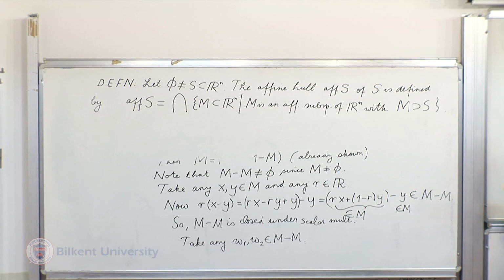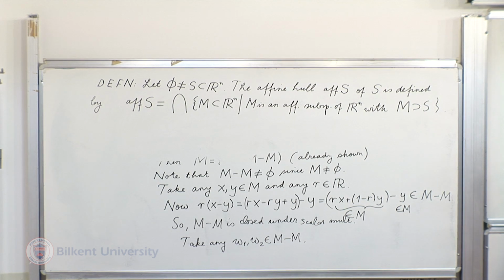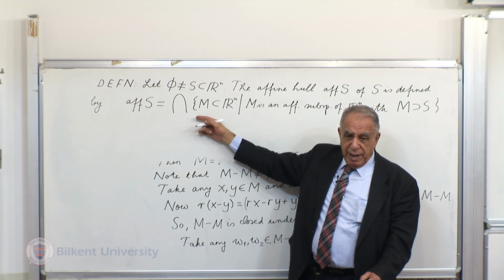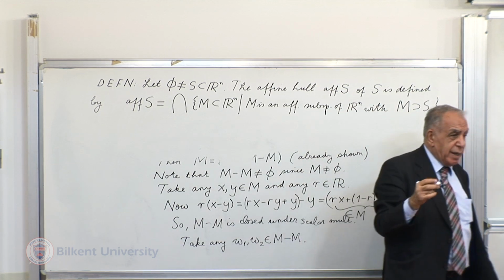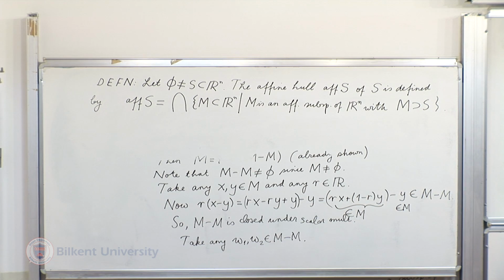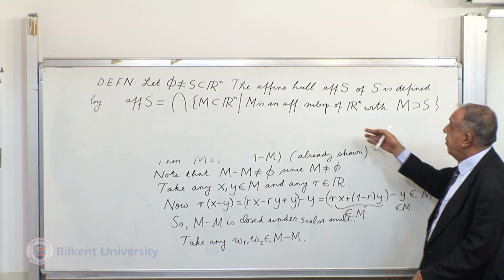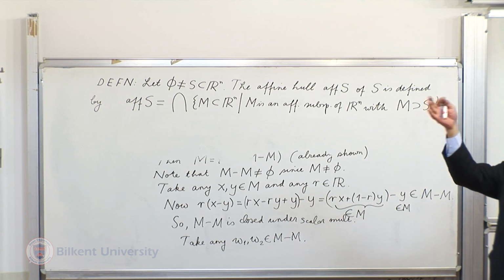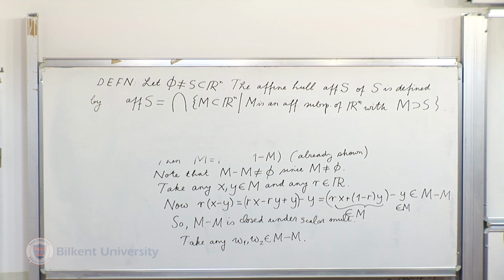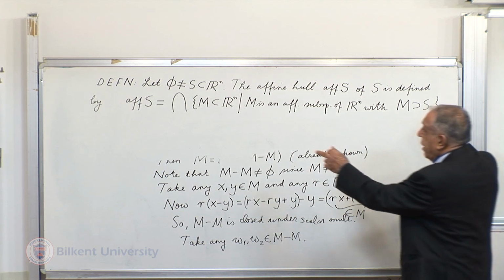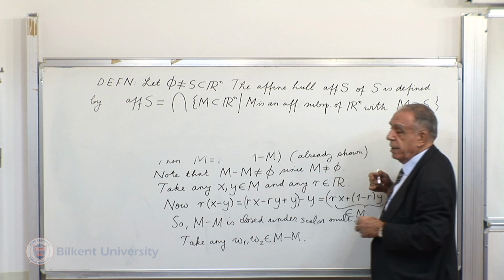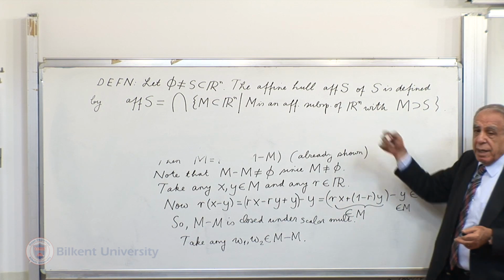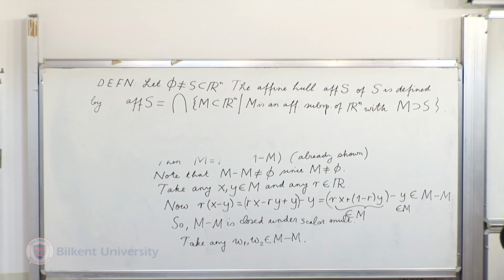Let's check again whether this is well defined. Well, for this intersection to be well defined, the collection over which it is taken should be non-empty. Is there always an affine subspace of Rn which contains S? Yes, the whole space that we have noted before. So this collection over which this intersection is taken is non-empty. But is this intersection itself non-empty?